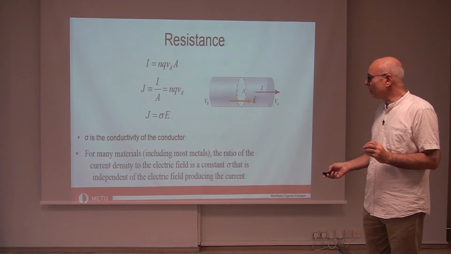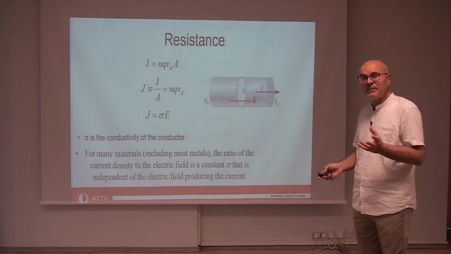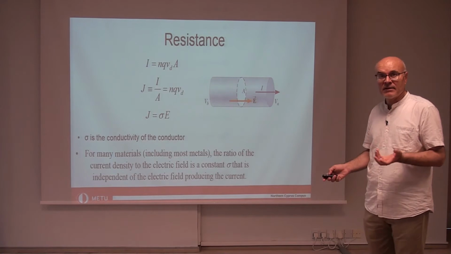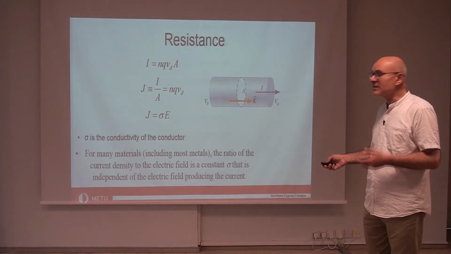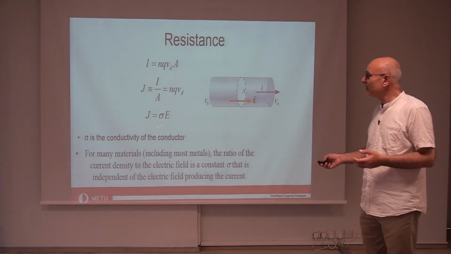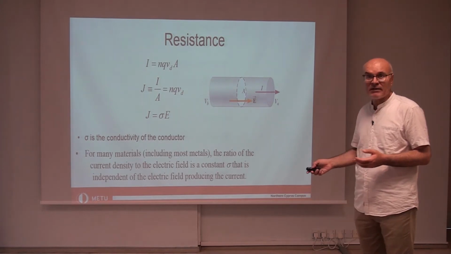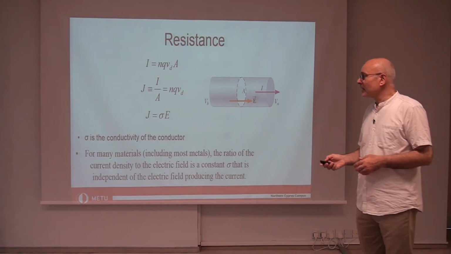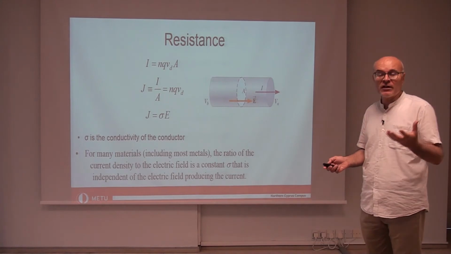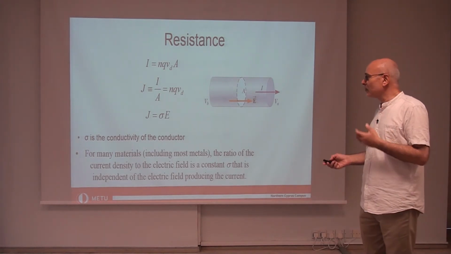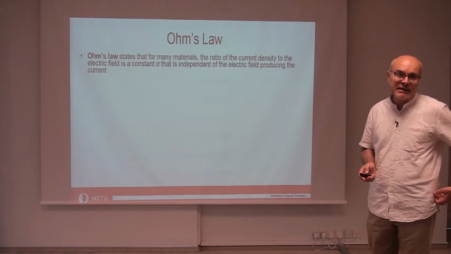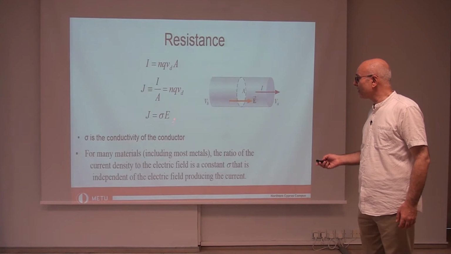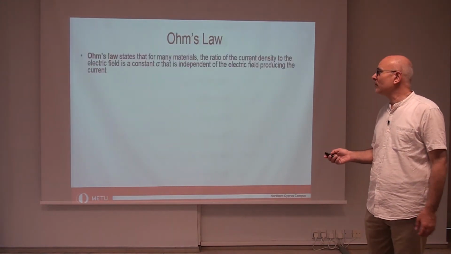Now, this is what I'm saying here. For many materials, this quantity sigma is constant, and so J that is generated by an electric field is directly proportional to this electric field because sigma is constant. And this sigma is called, in general, the conductivity. When it is constant, then this relation becomes Ohm's law.